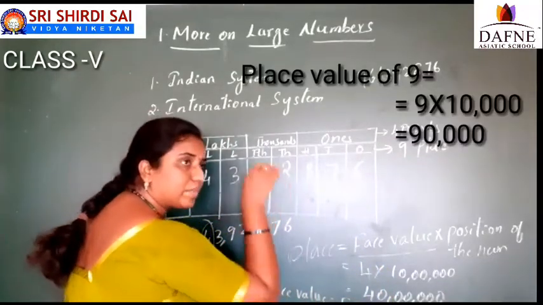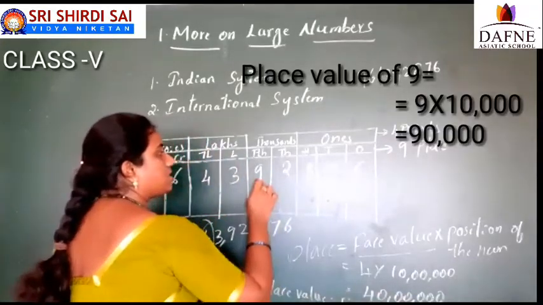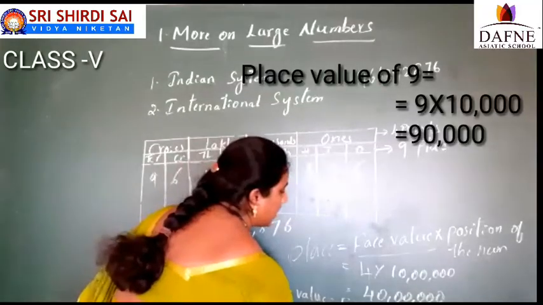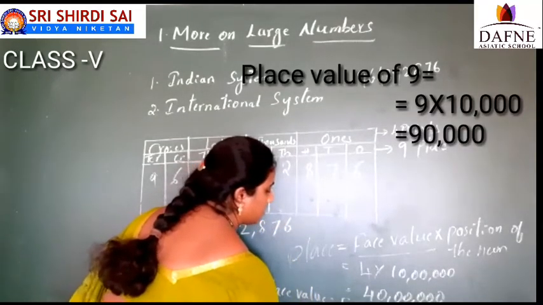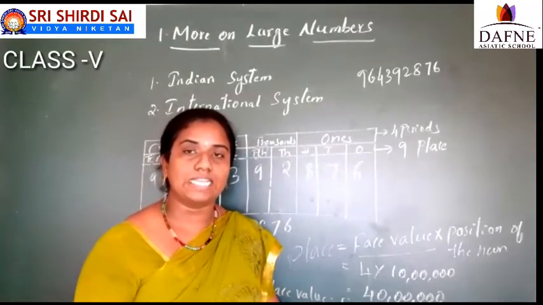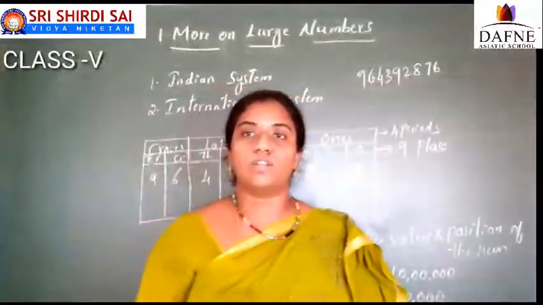The number itself, that is 9 only. Into position of the number. What is the position? It is in which place? 10,000 place. So 9 into 10,000 is 90,000. Okay, 9 into 10,000 is 90,000. Now, have you understood about the place value and the face value?